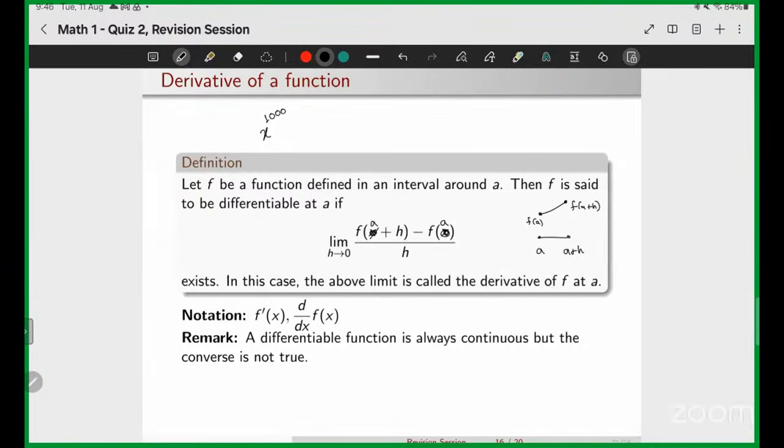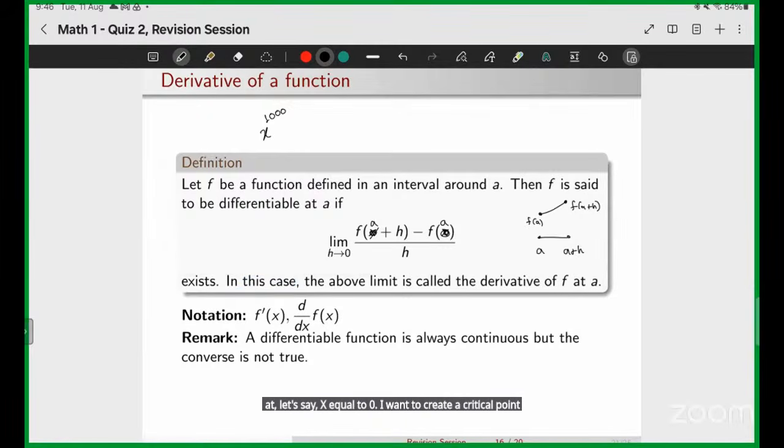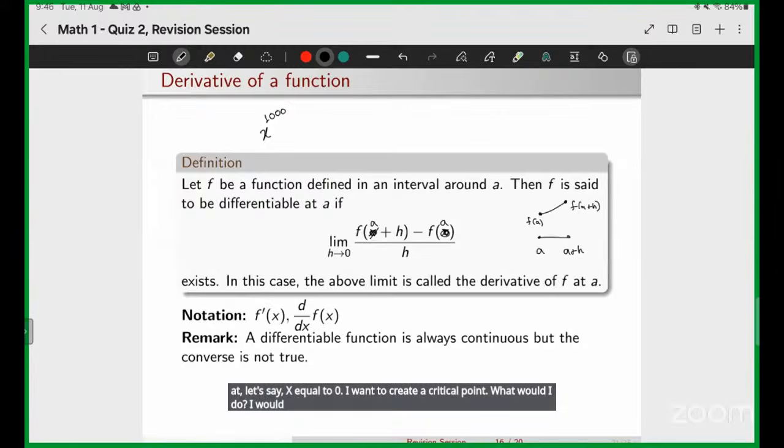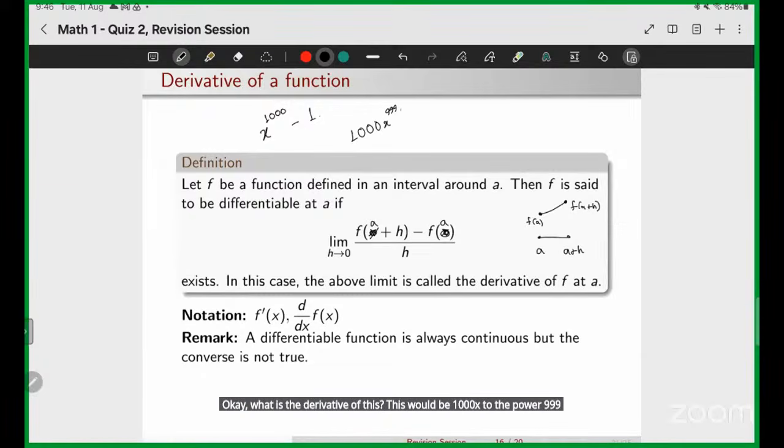At let's say x equal to 0, I want to create a critical point. What would I do? I would subtract 1, something like this. What is the derivative of this? This would be 1000 x raised to 999. At x equal to 0, it is 0 anyway. So there are points at which it is positive, negative, 0.